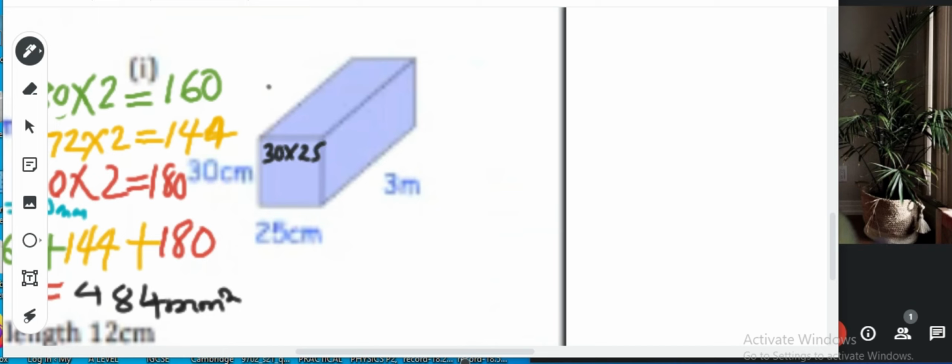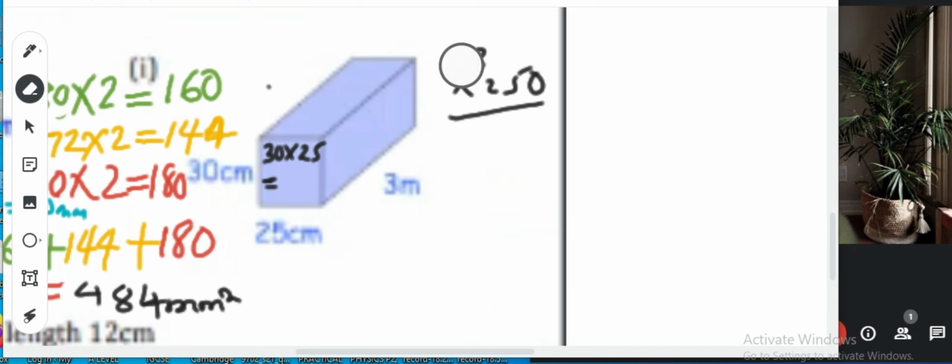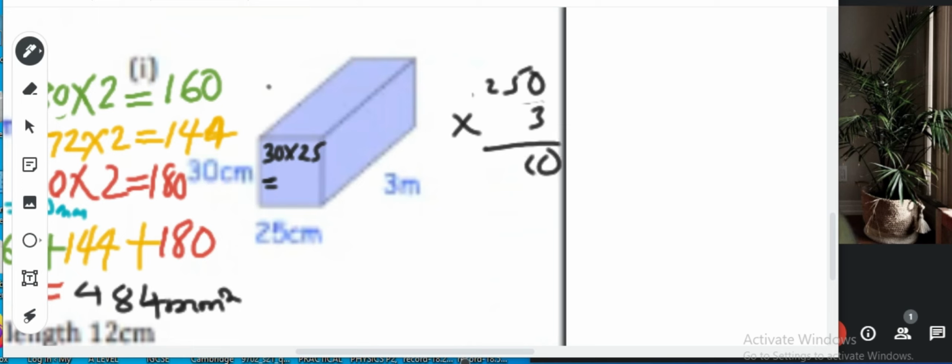They are the same unit. And 30 times 25, rough work, is 3 times 250, which will give us 750.